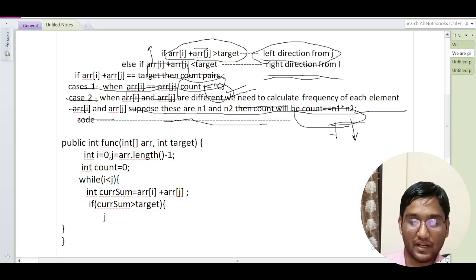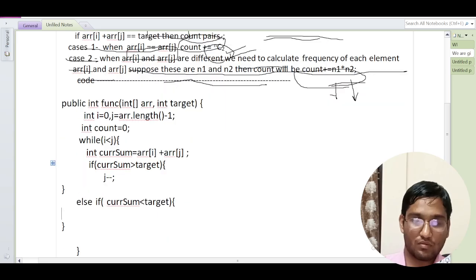In order to reduce the current sum, we need to move towards the left direction. Else if, the second possibility is that the current summation is lesser than target, then we need to move in the right direction.